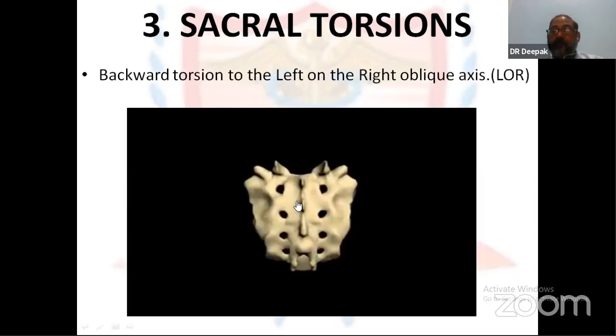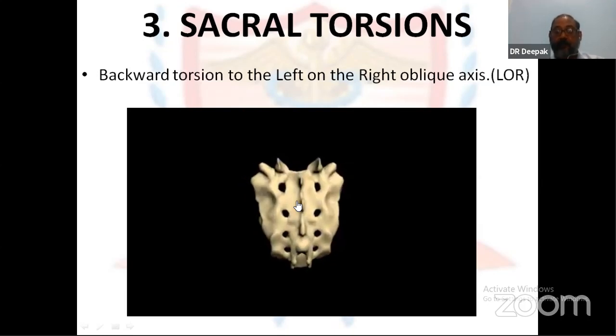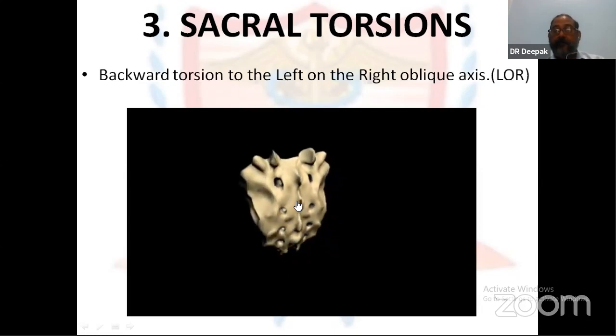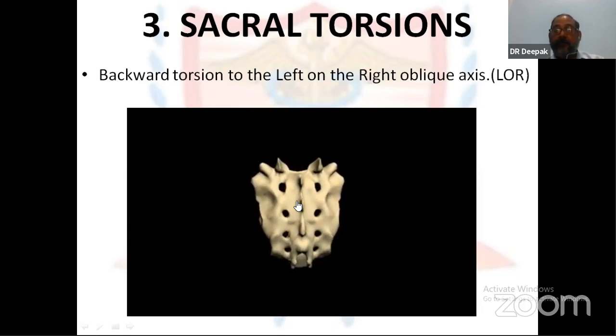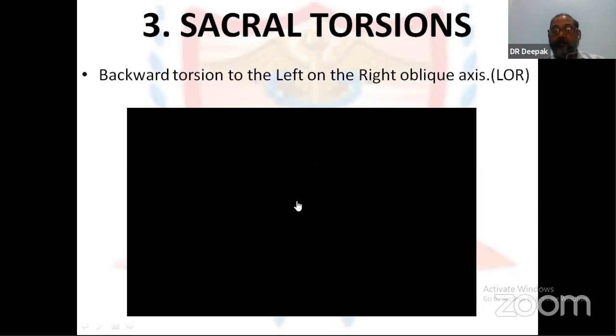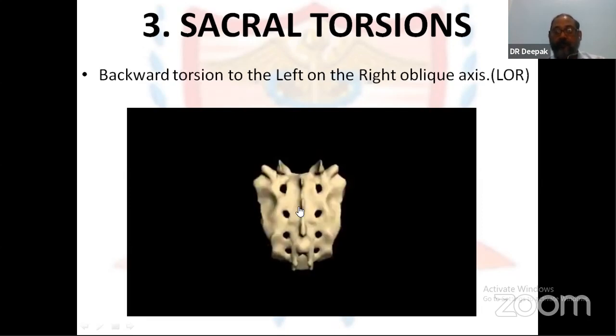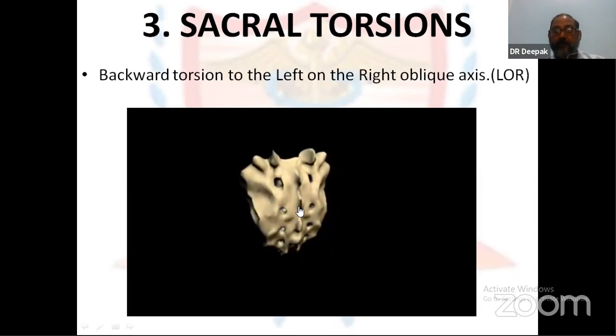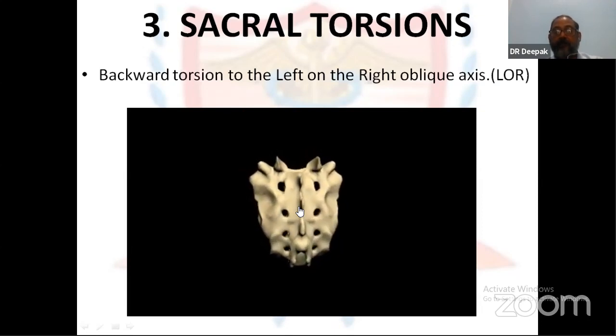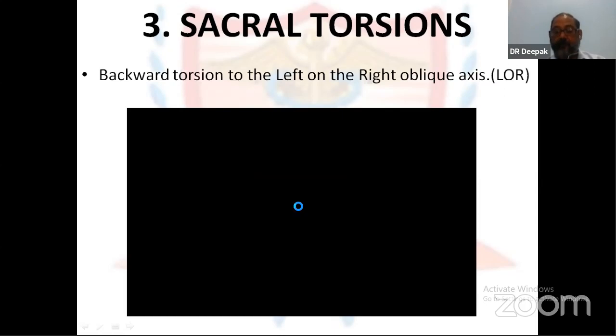Then the next dysfunction is backward torsion to the left on the right oblique axis. This is the right oblique axis and backward torsion to the left. Look once again. Yes, this is backward torsion.